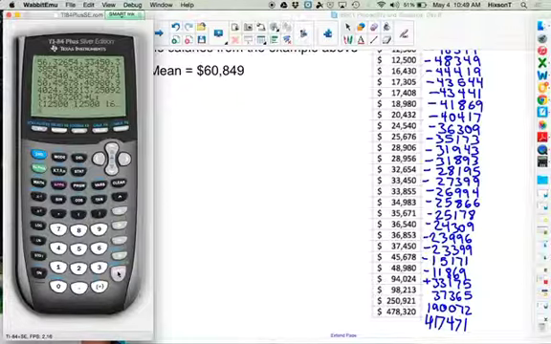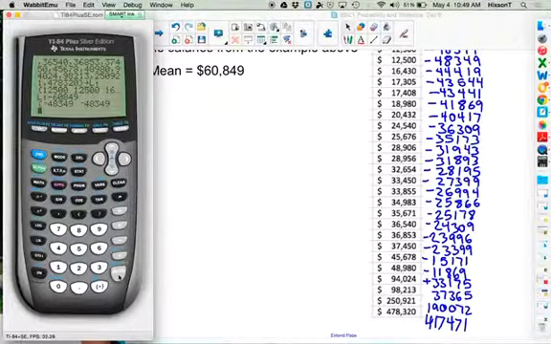So we hit second list, L1 minus 60,849. When you do an operation with a list and a constant, it will do that operation to every element of the list. So now we hit enter, and it gives us a new list.